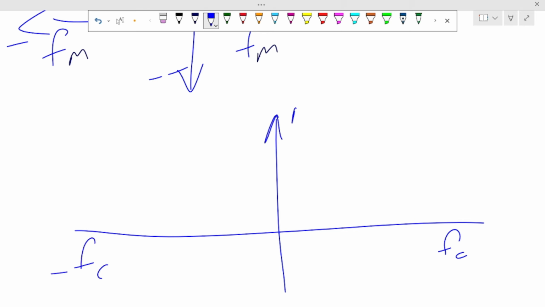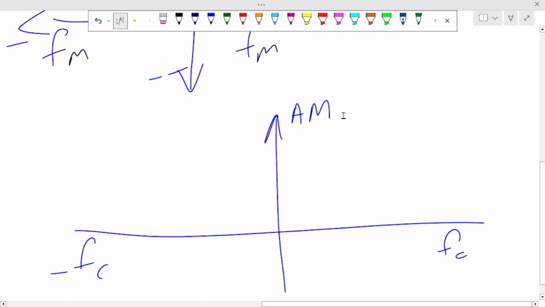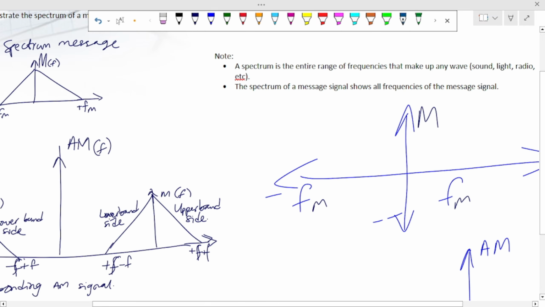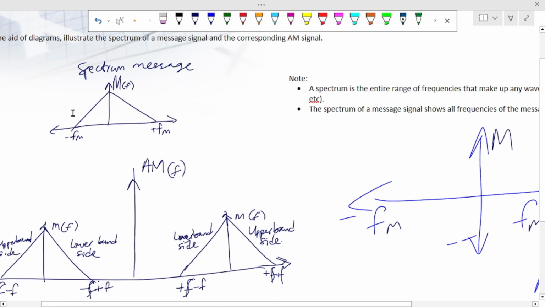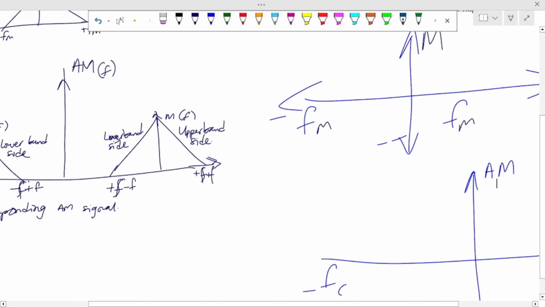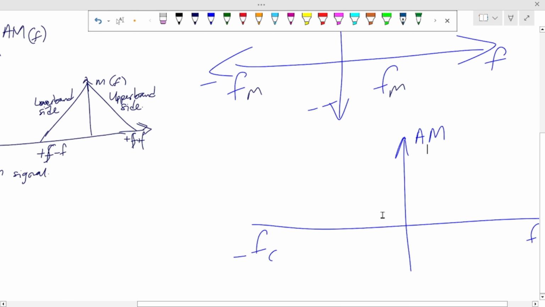The amplitude modulated signal also has its own spectrum. Since we are encoding the message signal, that's the idea of modulation, you encode the message signal into the carrier signal. If you encode it into its amplitude, then it's amplitude modulation. So we are going to have this message spectrum inside the carrier spectrum.